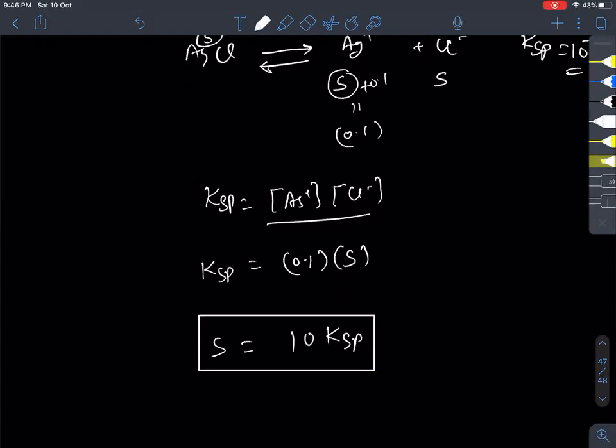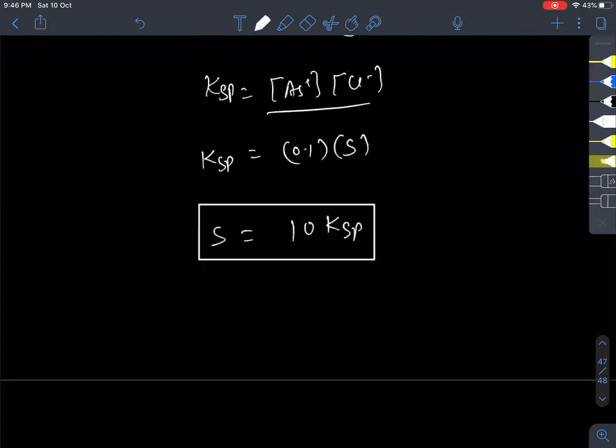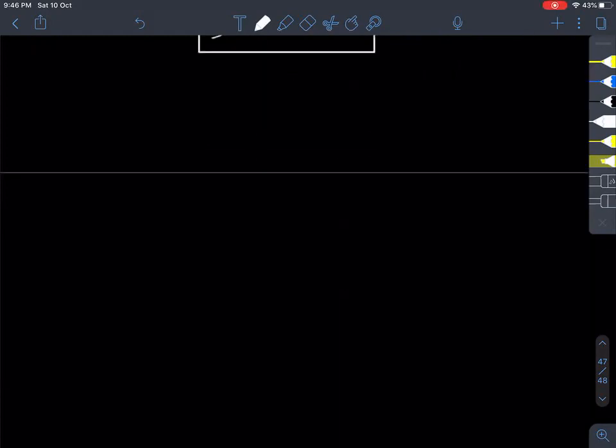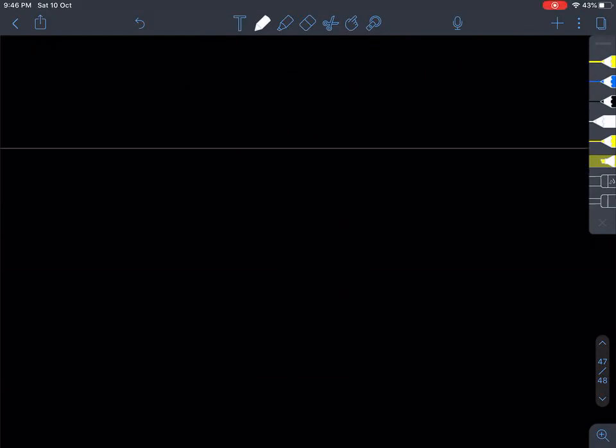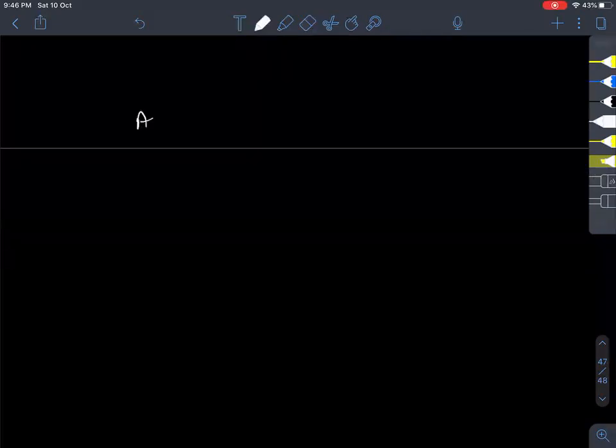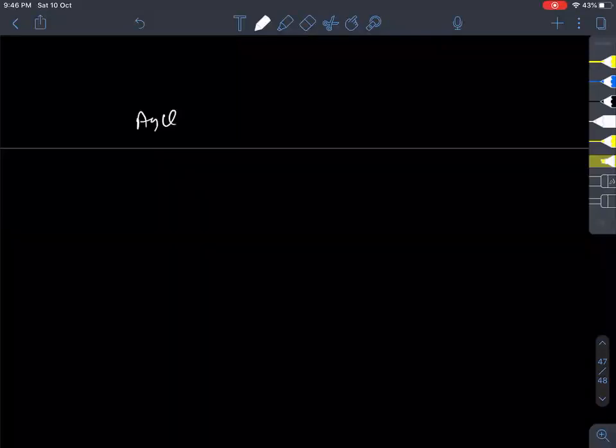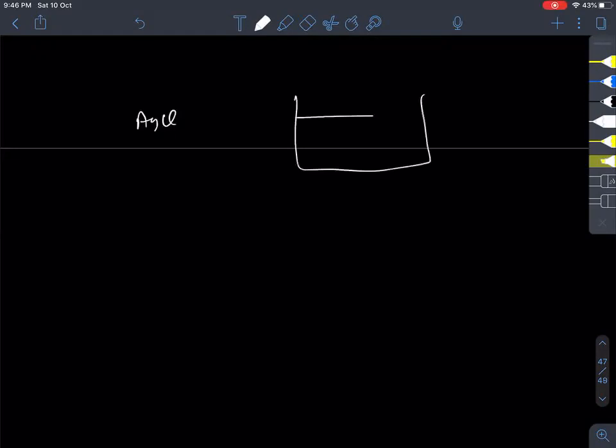Right. So the third case which you can consider, this was what I was telling you about the common ion effect. Third thing which you can consider, say for example, something complex is formed. Say for example, solubility of AgCl when a complexation reaction is going on. So solubility of AgCl in a solution which already has ammonia. How will you solve in that case?